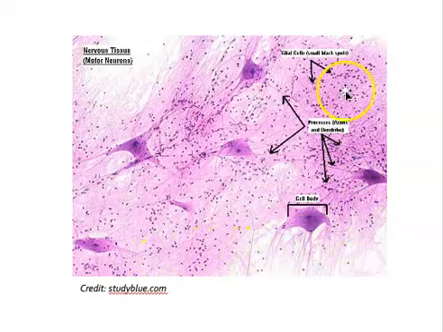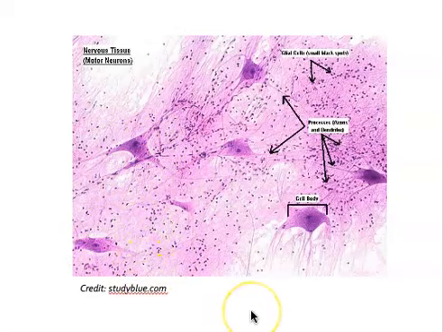Now, we're not told in this image whether we're in the peripheral nervous system or the central nervous system, because of course motor neurons can be found in both of those. But if we were in the peripheral nervous system, it's likely that there are Schwann cells that are associated with some of these motor neurons, myelinating the axons.